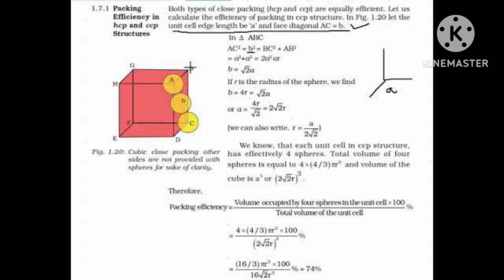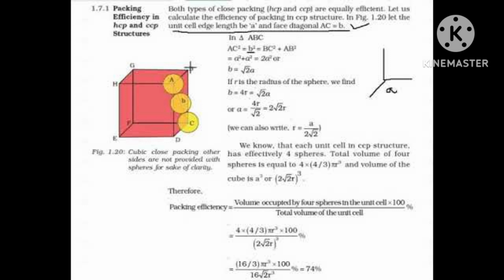If you want the R value, then R is equal to what? Root 2 into A divided by 4. Correct? Now you will get the R value: R is equal to root 2 into A divided by 4.